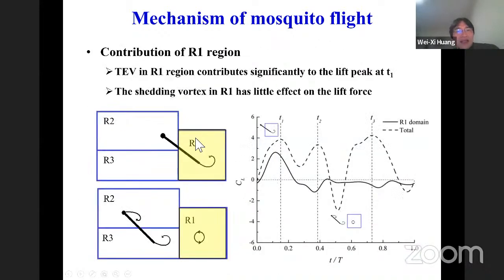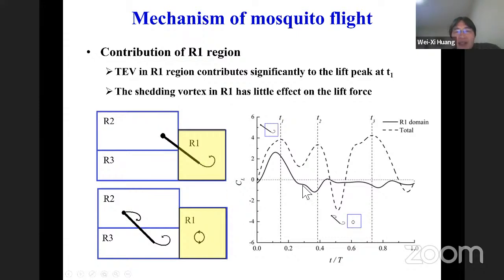Now we can see the results for the R1 region. Here the dashed line is the total lift force, and the solid line is the contribution from the R1 region. It's clear to see that the first peak in the total force is from the contribution of the trailing edge vortex.